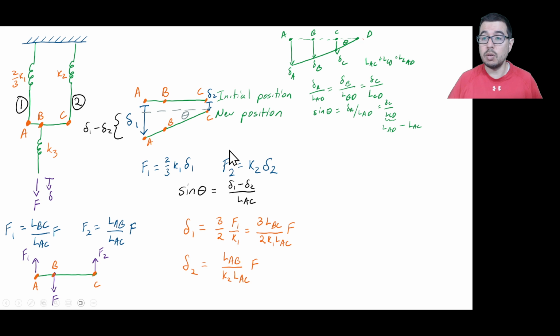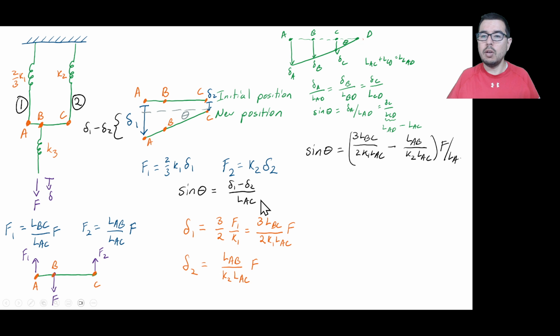Actually, these can be considered what are called constitutive relationships. It's kind of a fancy word to relate the forces in a system to the displacements in the system. And then we go ahead and we say, oh, well, I have a delta 1 and delta 2. I have this expression here for this sine theta. And I have now my expression here.